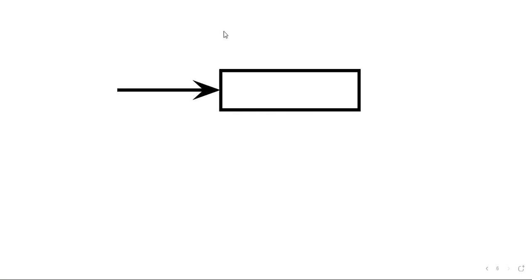Suppose we know that gravity is actually the force applied by the earth on other objects, and suppose you throw a ball into the air. The ball goes up like this and then comes back. When you throw the ball upward, the ball is in the air, and suppose the earth is somewhere here.